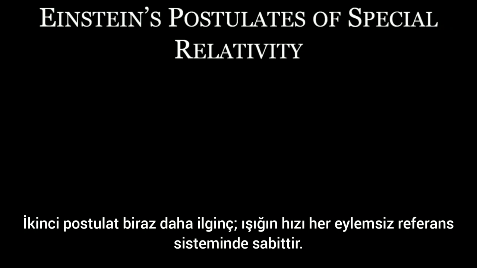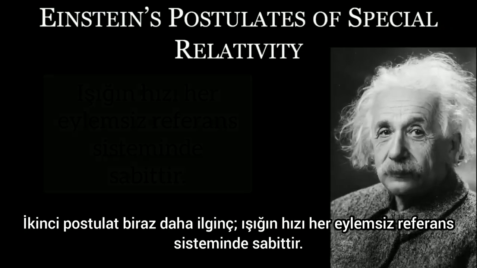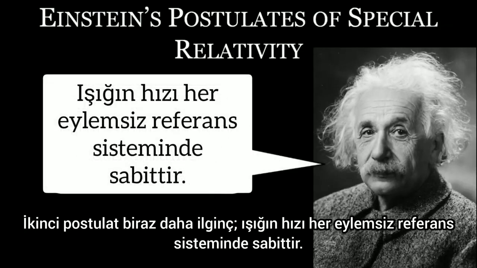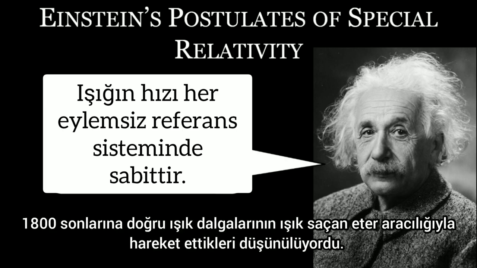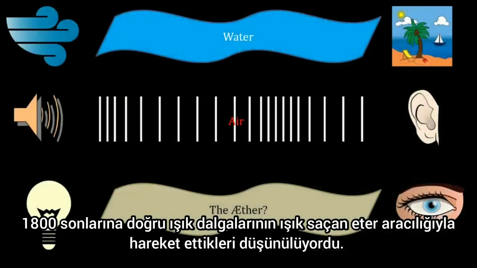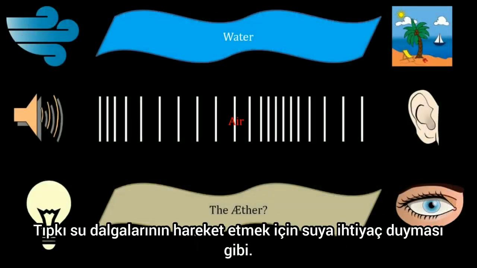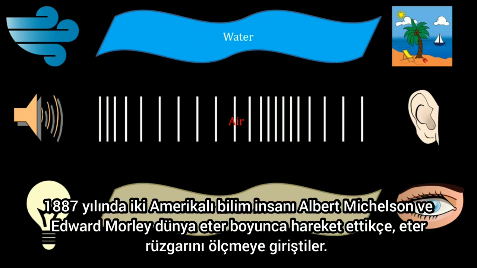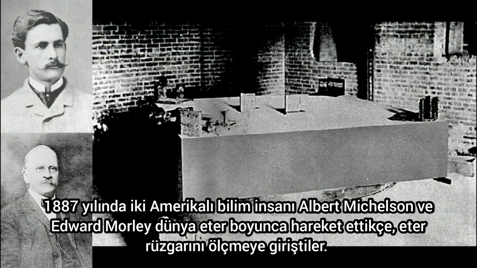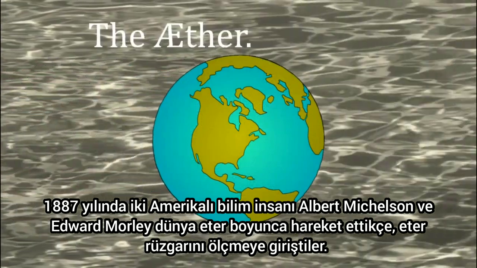Now, the second postulate is a bit more interesting. The speed of light is the same in every inertial frame. In the late 1800s, it was thought that light waves travelled through something called the luminiferous ether, just like water waves need water to move through. In 1887, two American scientists, Albert Michelson and Edward Morley, attempted to measure the ether wind as the Earth moved through the ether.